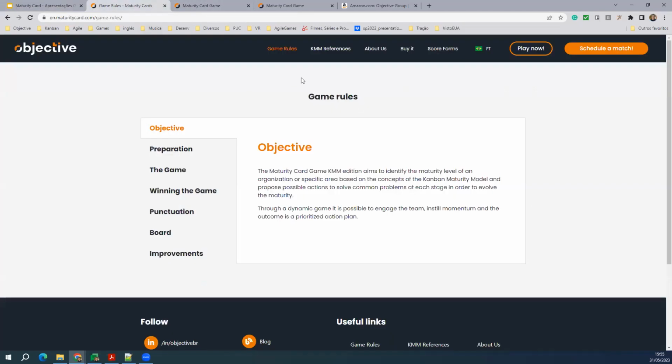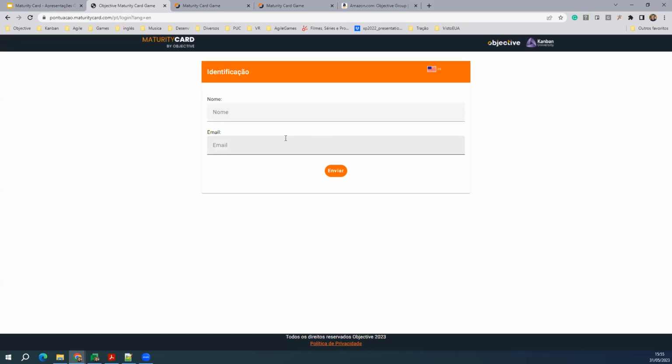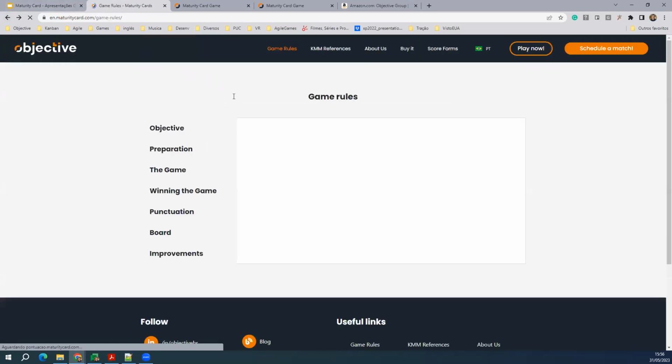Just a second. Here we have this curve form. Here is a page to help you register the points from the physical game, right?